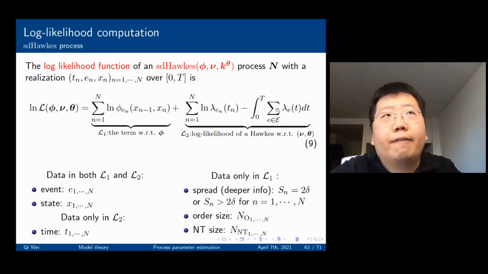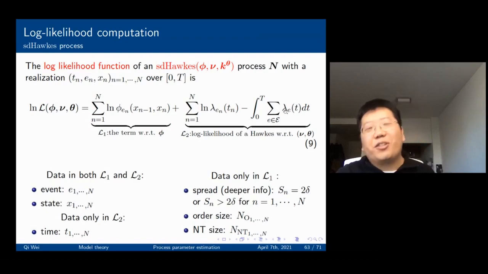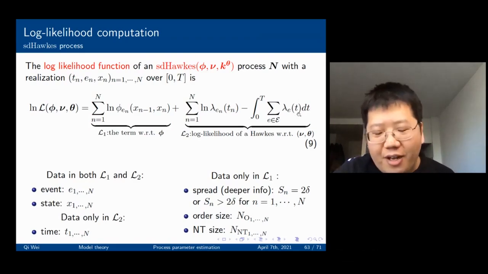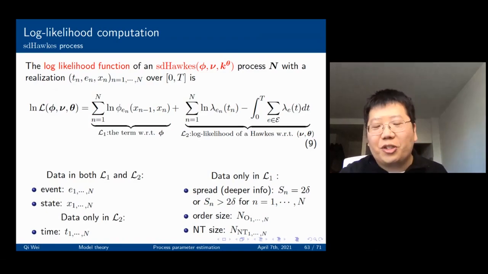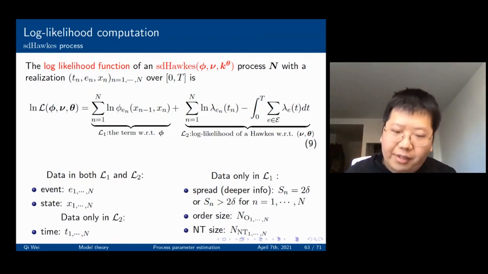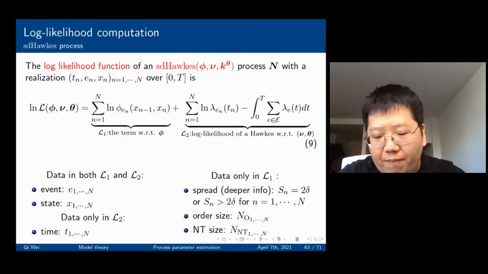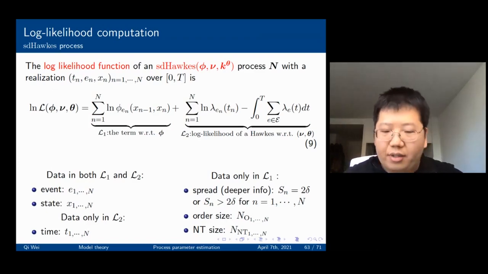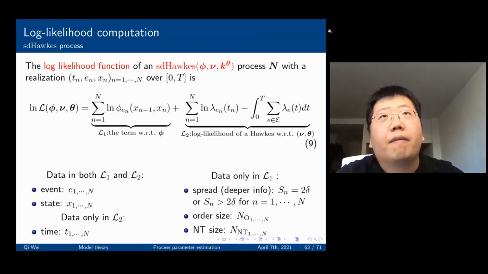You're definitely right, this part is the most consuming. Currently we are using multiple kernels, not only one kernel, with different decay rates, to capture the long-tailed effect in some cases. Got it.